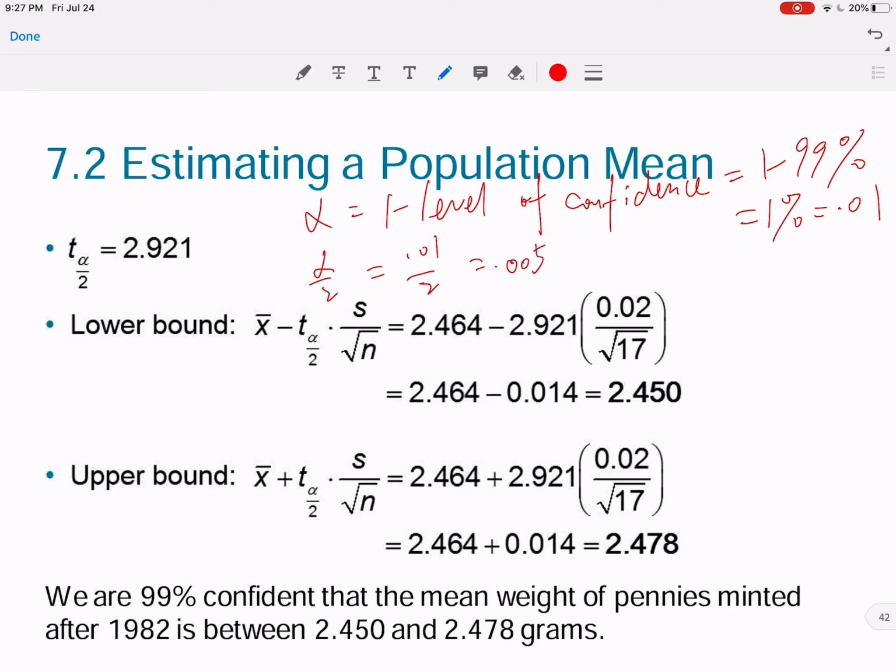The degrees of freedom is n minus 1. We know the sample size is 17, minus 1 is 16, right? So we are looking for t sub 0.005 with degrees of freedom 16.